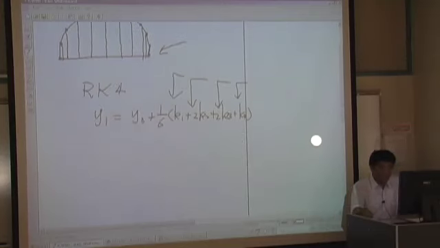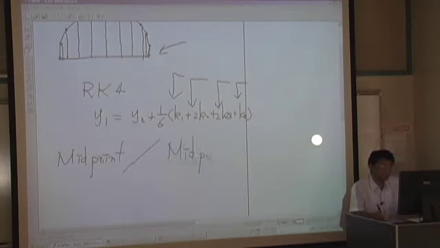Then there are two methods called midpoint method, and one midpoint should not be used. So there are two midpoint methods. The one that should not be used will be explained first.